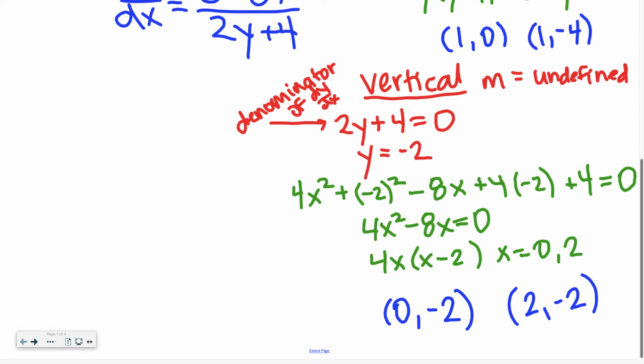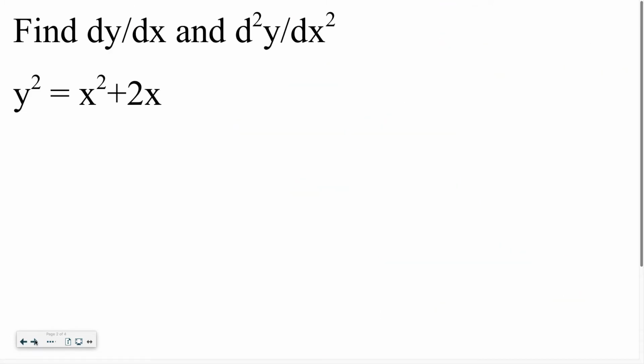Okay. Second thing I want to look at is taking an implicit function and finding the second derivative. So write down this implicit function, please.